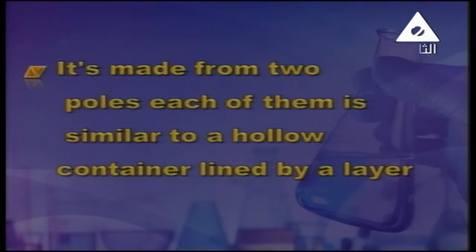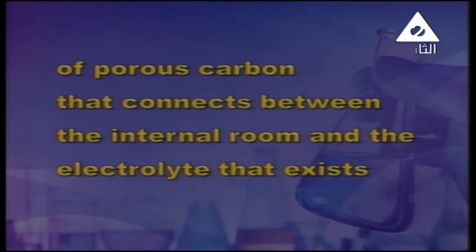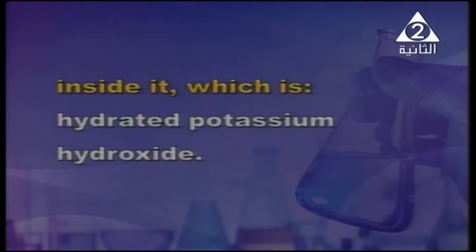It is made from two pools. Each of them is similar to a hollow container lined by a layer of porous carbon that connects between the internal room and the electrolyte that exists inside it, which is hydrated potassium hydroxide, KOH.